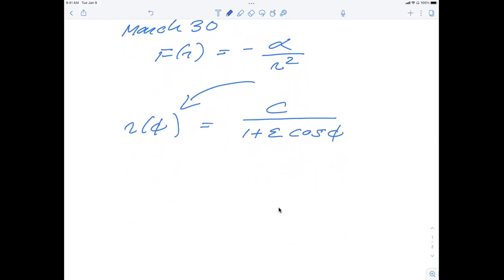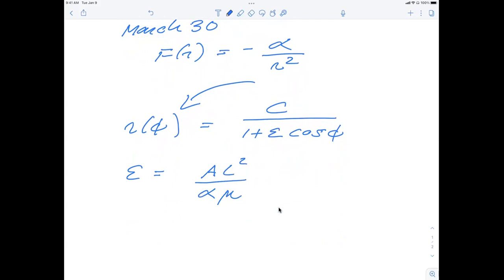Now, this epsilon was given by a constant in front of the cosine solution, this A is just a constant in front of the cosine solution. And then we had alpha divided by mu. And this variable C is something which we simply labeled as a new variable.